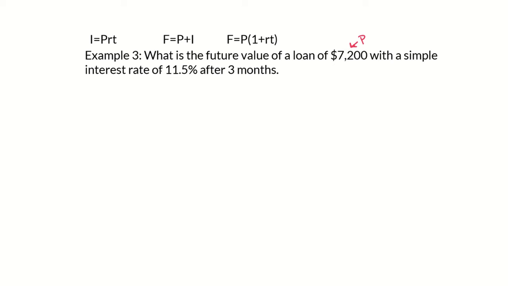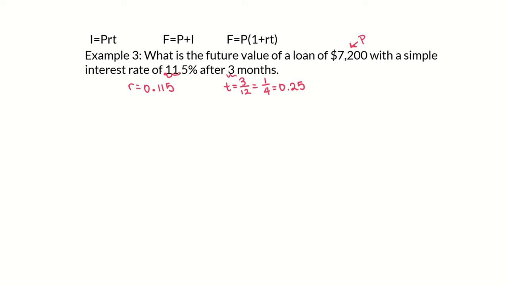The simple interest rate is 11.5%, which, changing to a decimal, we can either divide by 100 or move the decimal place left twice to get 0.115. And the time is 3 months, but we need to change that to years. So we divide by 12 to get 1/4, or as a decimal, 0.25.